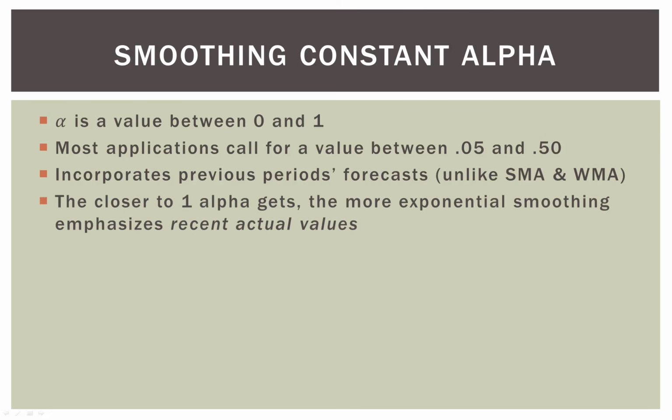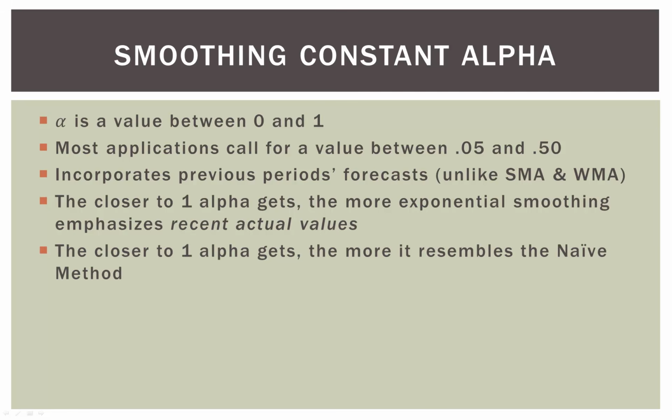Now, the closer to 1 our alpha value gets, the more the exponential smoothing constant emphasizes recent actual values. So in our case, the closer to 1 of an alpha we would choose, the more it's going to emphasize the recent actual value. Now, the extreme case is that the closer to 1 it gets, the more it resembles the naive method, because if you remember, in the naive method of forecasting, we just use last year's actual data.